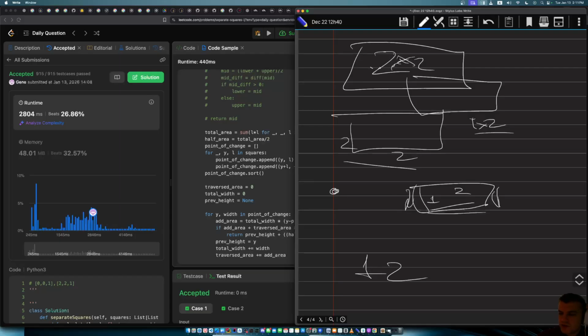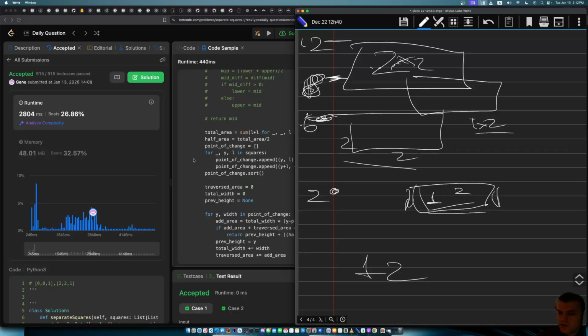So here it's 2, and the next one at this level is 4, and the next one at this level is 6. Oh no, so here it was 6, and this one at this level is 8, and at this level it's 12.